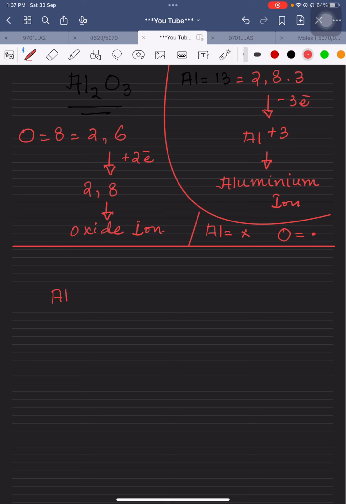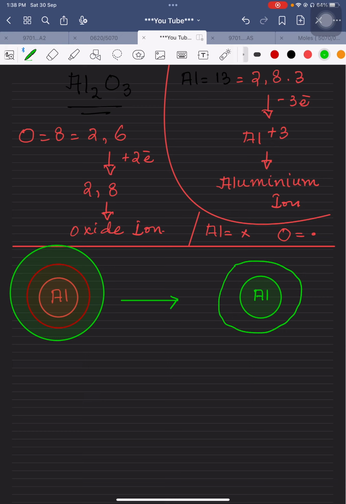So this is aluminum. It is the first shell, and then it is the second shell, and this is the third shell. All right, and here is this arrow. This is again aluminum, first shell.